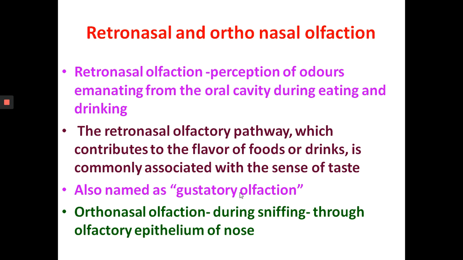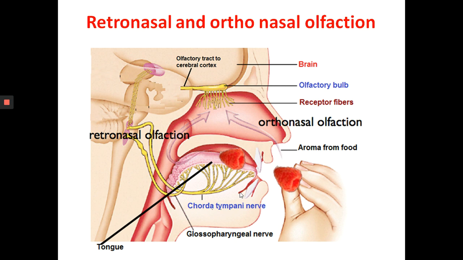Orthonasal olfaction is nourishing because you are taking in the chemicals through air into your nose, and the receptors in your nose sense the chemicals. So here, retronasal olfaction: the food reaches the mouth, the taste receptors sense it, and it goes through the nervous system.